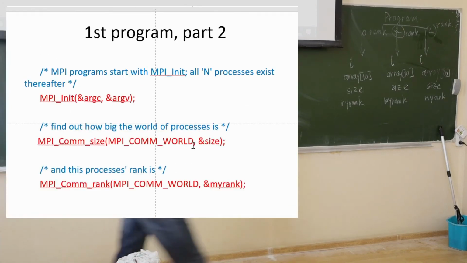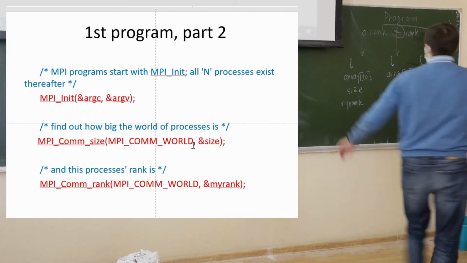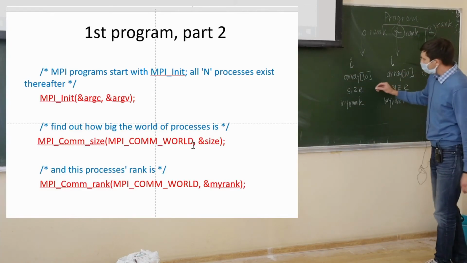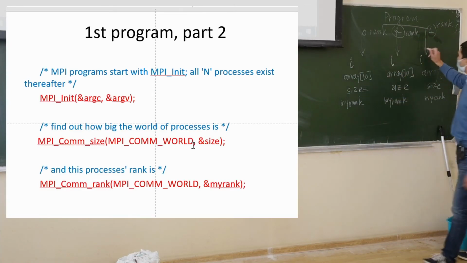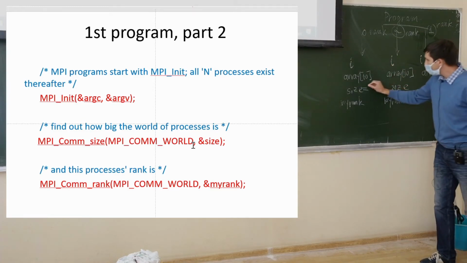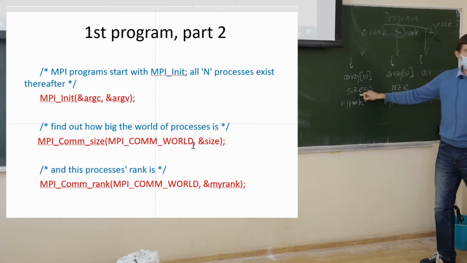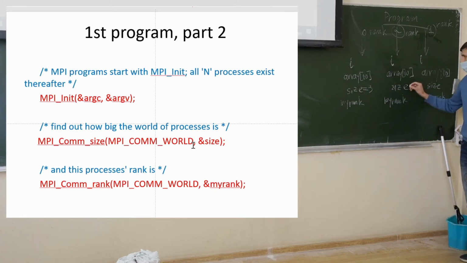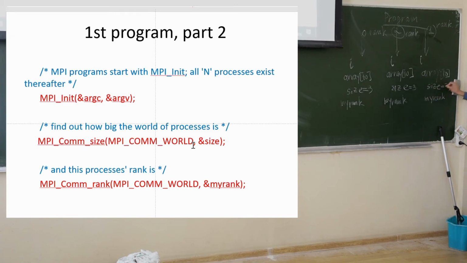So function MPI_Comm_size will write 3 processes. So the value will be 3 in variable size. So in every process, this variable size will have the same value, 3.